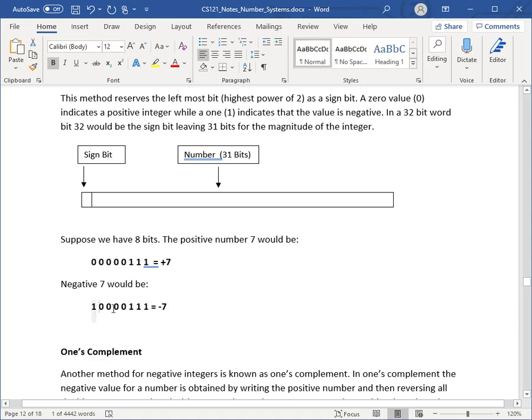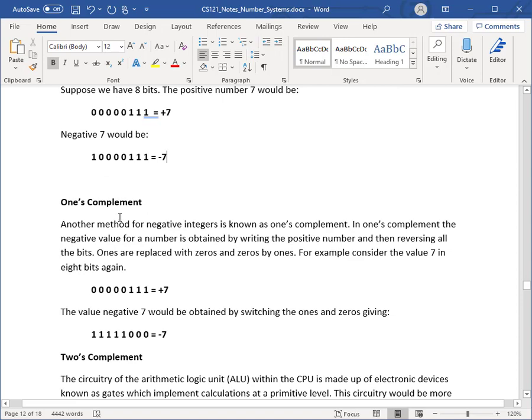Everything else is used for the remainder of the number, so that would be -7 in sign and magnitude form. This is kind of an old-fashioned way. We don't really use sign and magnitude anymore, but it was one of the early ways in which negative numbers were designated in computer memory. The next evolution of that would be the ones' complement.